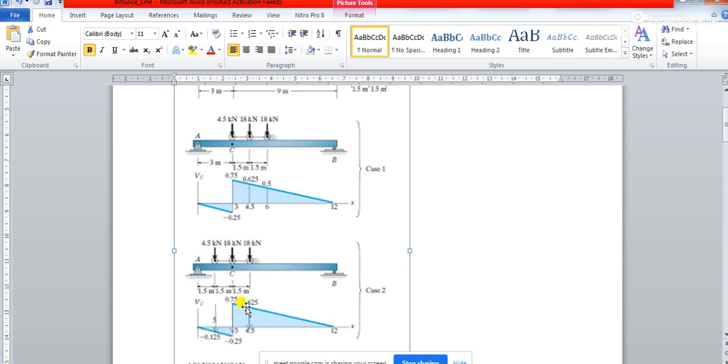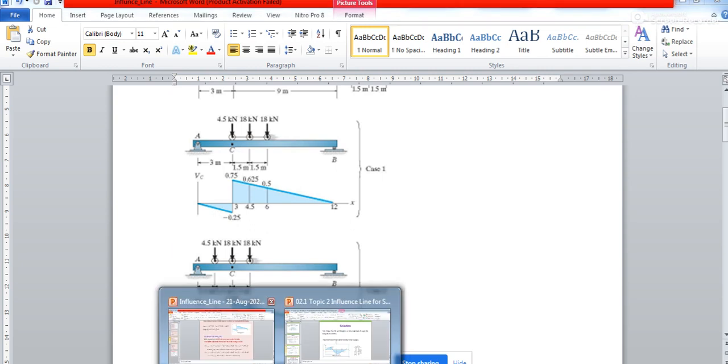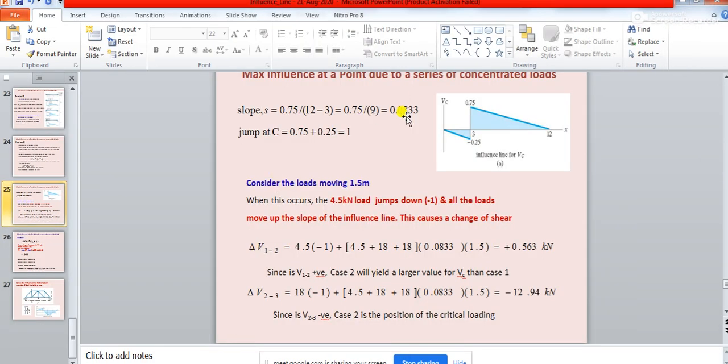So the slope of this line, how do you calculate? The slope of this line you have calculated using 0.75 minus 0 divided by 12 minus 3. Exactly the same way, if you calculate the slope for this, it will be 0.25 minus 0 divided by 0 minus 3. So if you do that, you are going to get exactly the same value of slope whatever you have got over here, right?